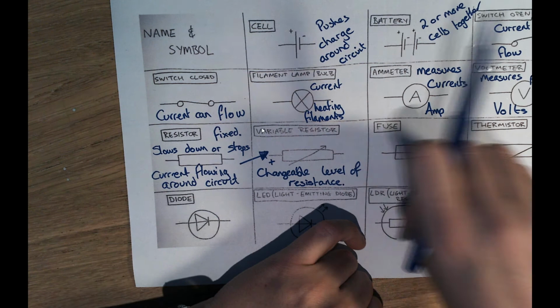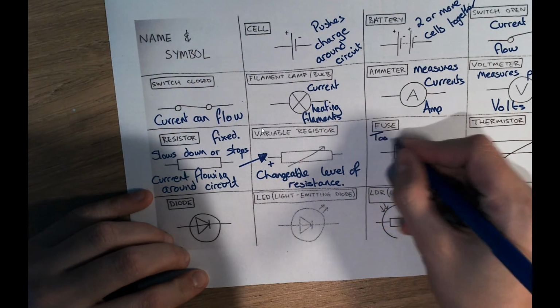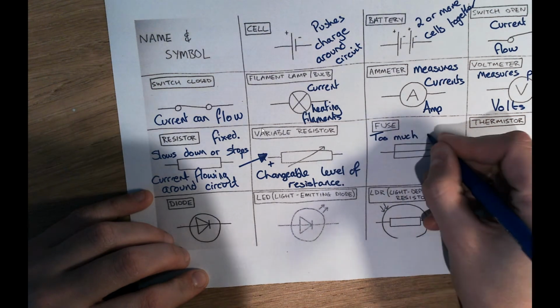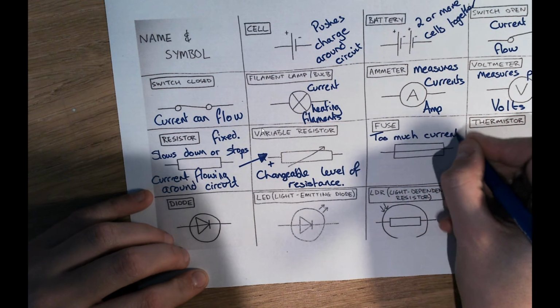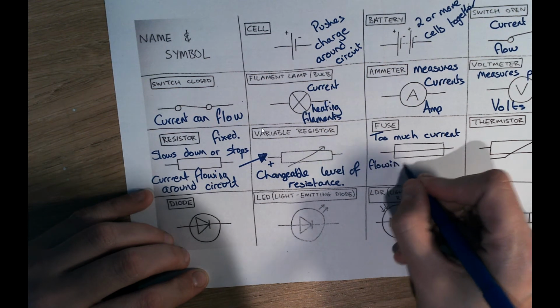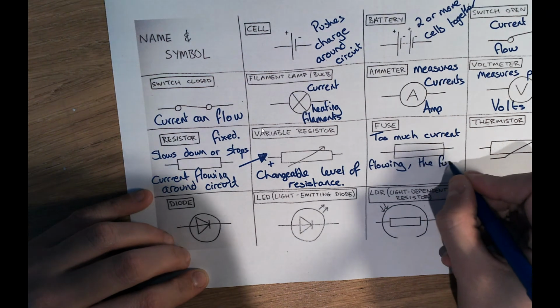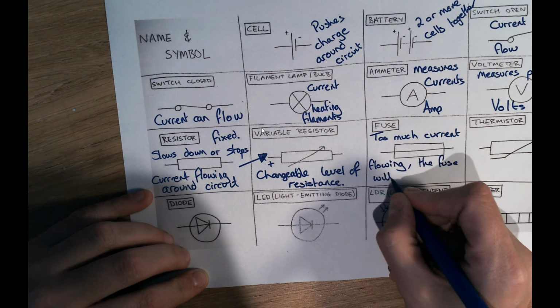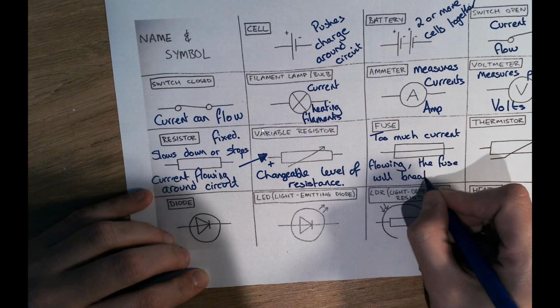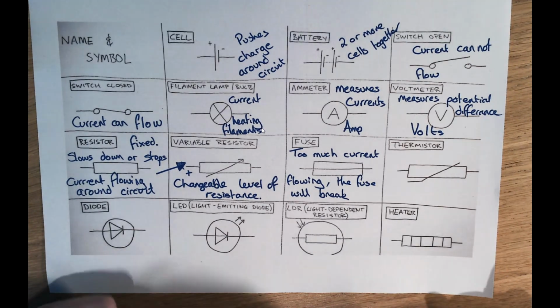And what this means is that if too much current flows around the circuit, so something has gone wrong and there is too much current flowing, the fuse will break. And that's why it's very important to have the right size fuse for your circuit fitted.